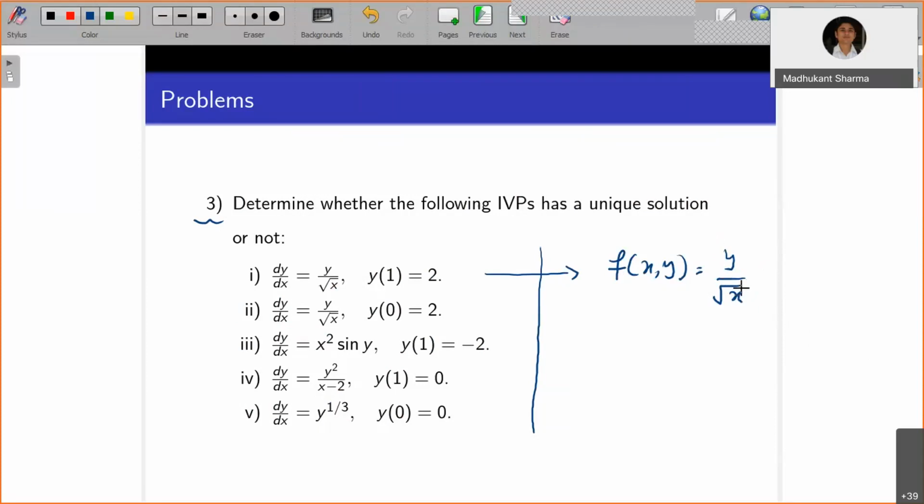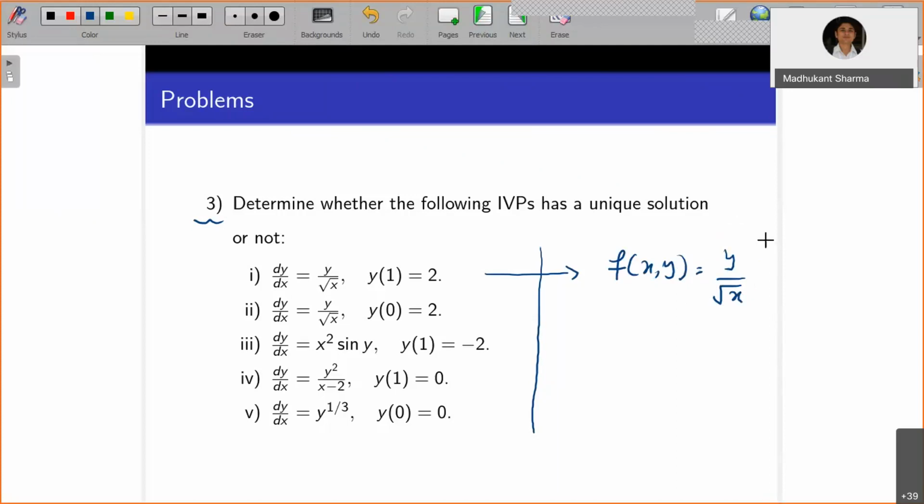Only at x equals 0 it will not be continuous. So when you apply Picard's theorem, it should not involve x equals 0, meaning it should not involve any point on the y-axis, because f of x, y is not continuous there.